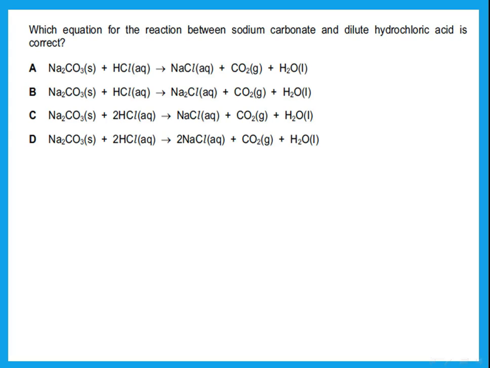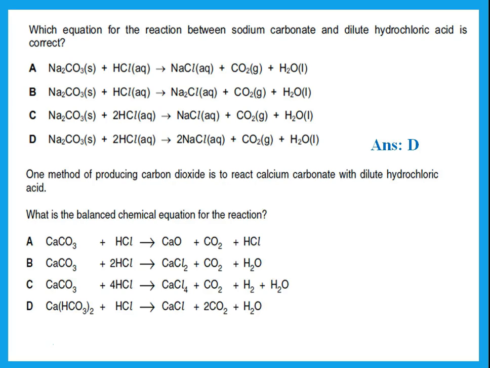So we look at the others. The others, you need to check that you have the correct balancing. So which one has the correct balancing? Let's take A for example. Sodium carbonate has 2 sodiums. So on the other end, after the arrow, I need 2 sodiums. So A is wrong. We already decided B is wrong. C is wrong also because you need 2 sodiums, so you need a 2. So actually your answer has to be D.